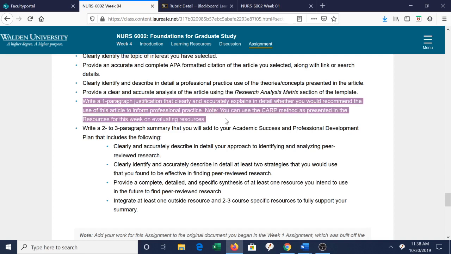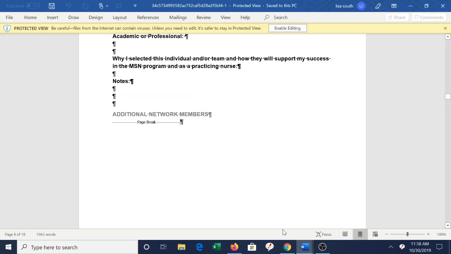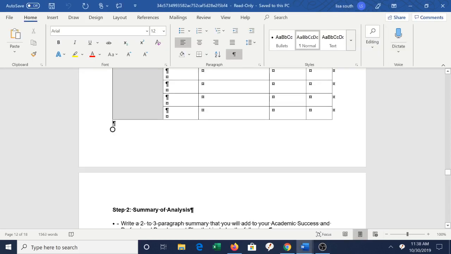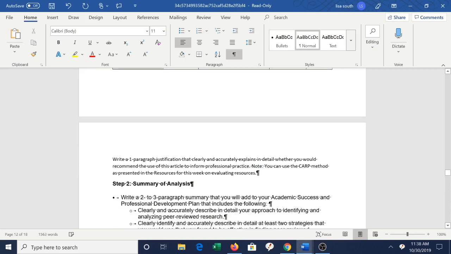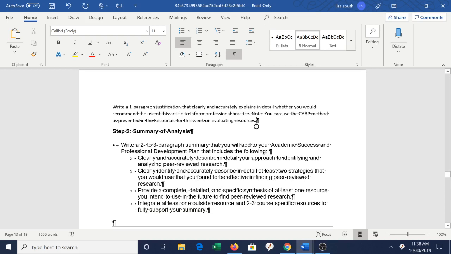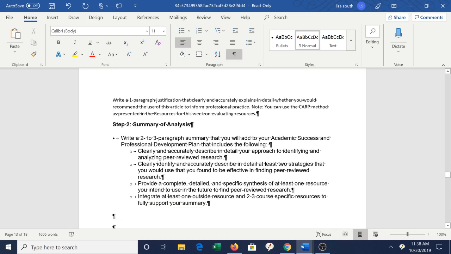You see that in your directions? Here it is. Okay, it's in your directions. It's not on the matrix table. So I am glad we're doing this.